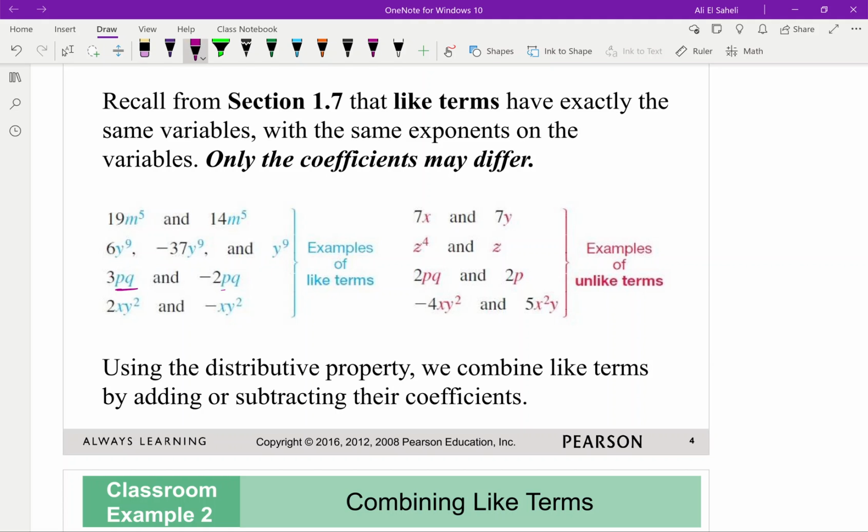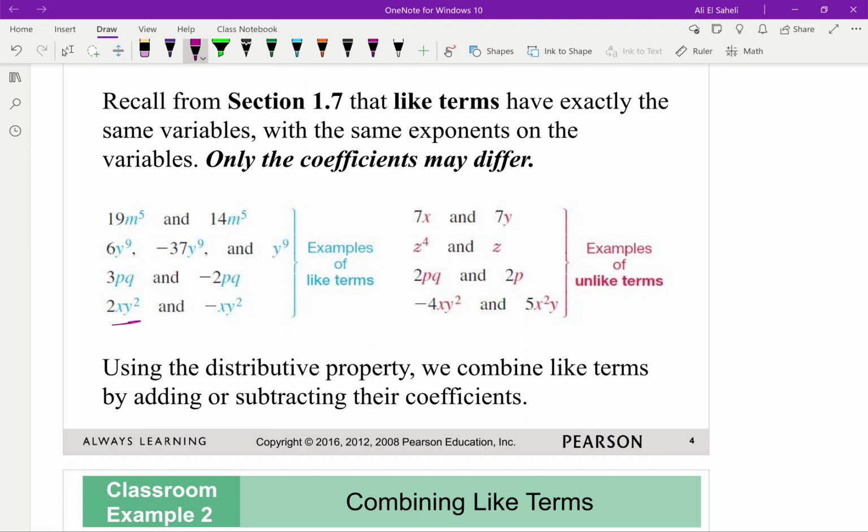These are also like terms because here we have 3p times q, and here we have minus 2p times q. So we can add them, subtract them, and so on. So 3pq minus 2pq is equal to 1pq. So we consider these to be like terms.